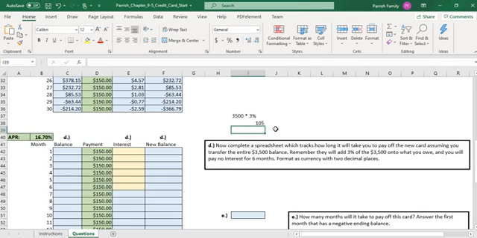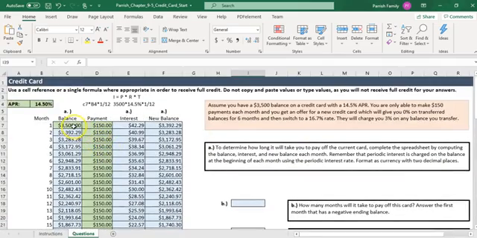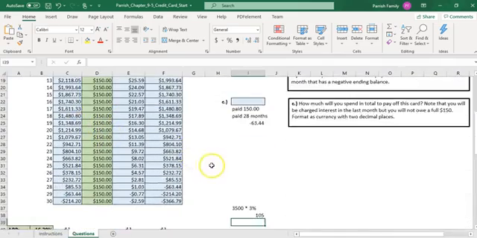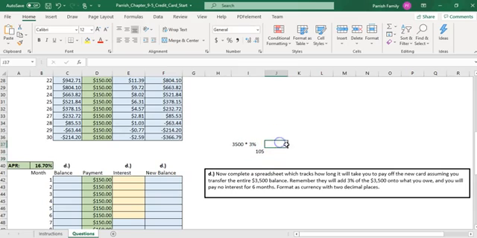So I actually transferred $3,605. But I don't want you to type that here. I want you to do a formula. So the 3,500 is located up here. We'll use that C7 again. So we're going to do C7 times 3%. But then what do I need to do with that number?